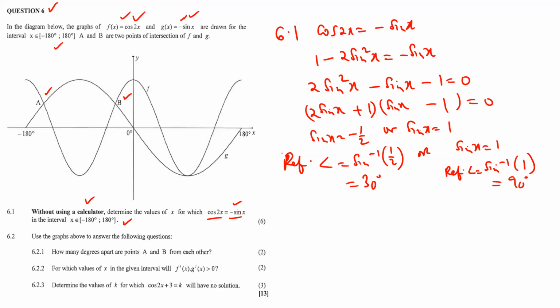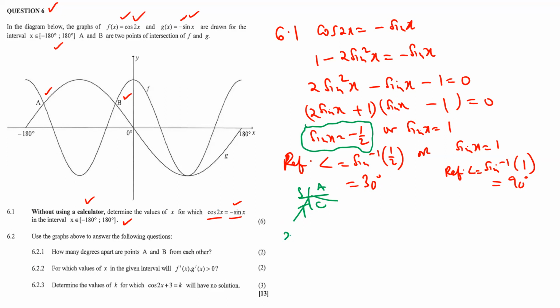So we can see therefore here that the sign is negative. Where is the sign negative? CAST diagram. Sine is positive in the first and second quadrants, but it's negative in the other quadrants. So sine is negative in the third, but it's also negative in the fourth. So we're going to get to those angles there. How do we get that?